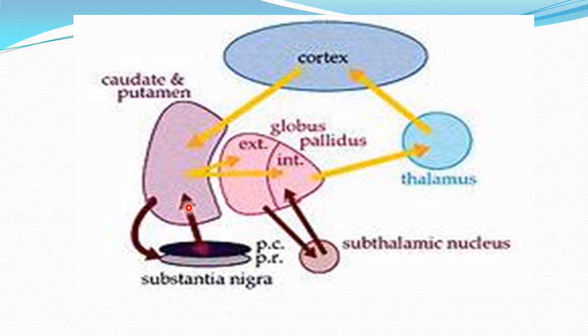This dopamine causes inhibition to these external fibers, globus pallidus externus. Here again there is inhibition and these fibers are excited. It is inhibitory and this is excited.